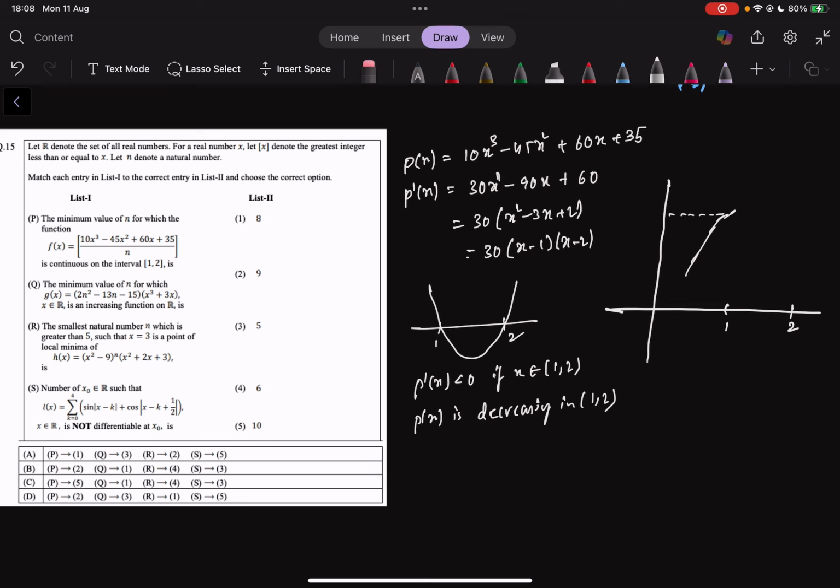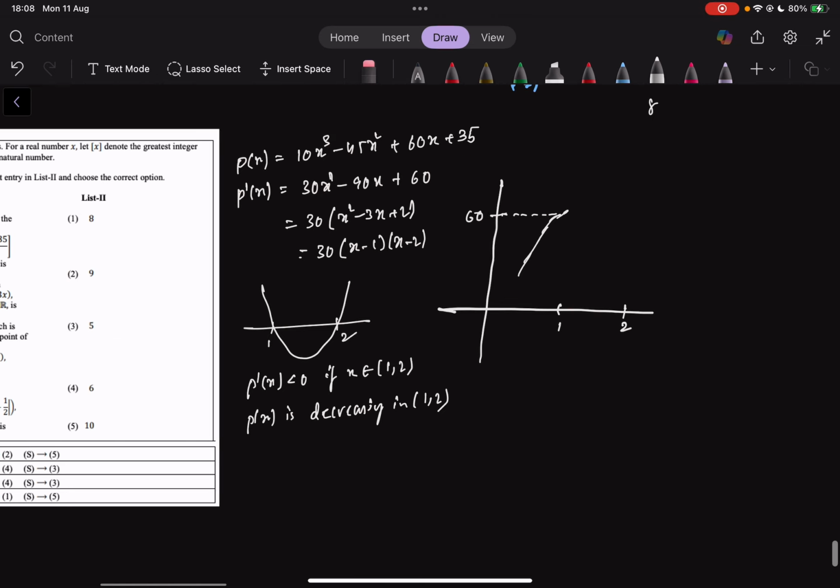So at 1 it is 60, and at 2 it will be 80 minus 180 plus 120 plus 35. So that is 115 plus 120, which is 235 minus 180. So that means it is 55. So at 2 it is 55.